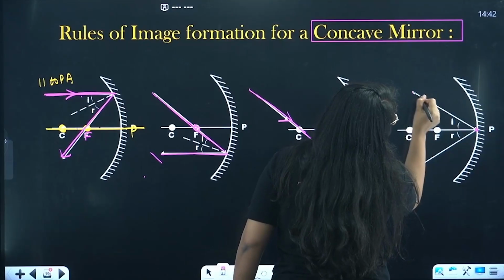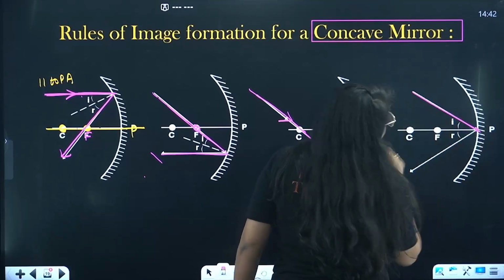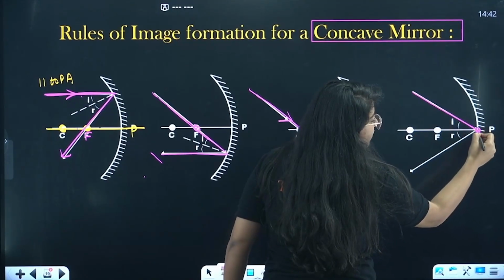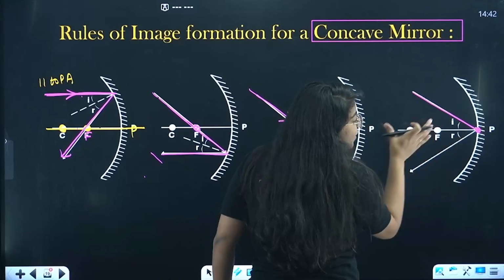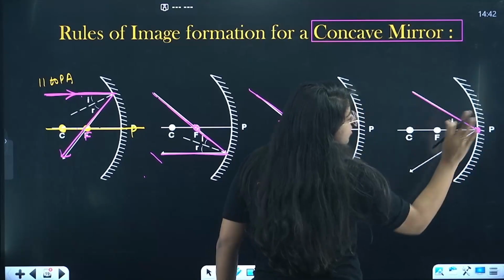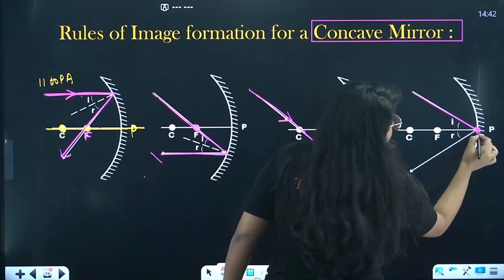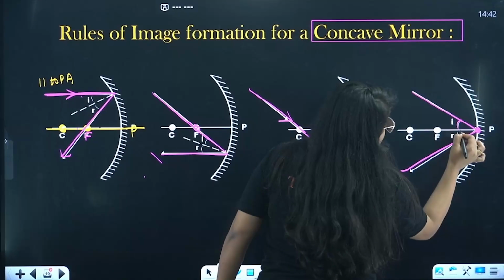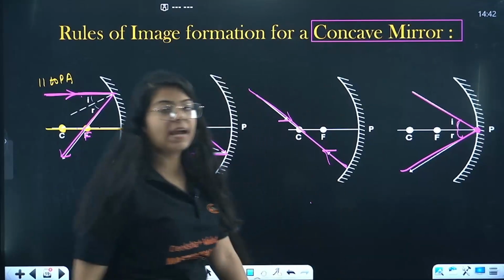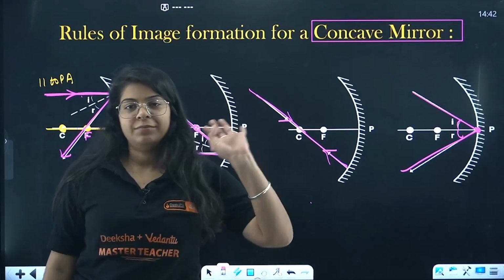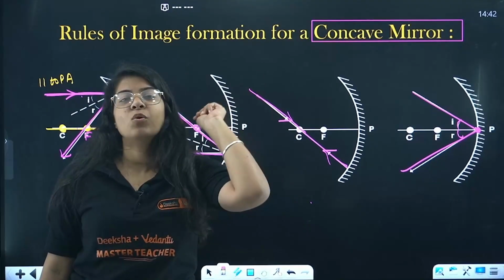If these rays are incident on this pole, right? The point where the principal axis touches the mirror is called the pole. It goes back, and the incident angle and reflected angle will be equal. Done. These are the 4 rules.